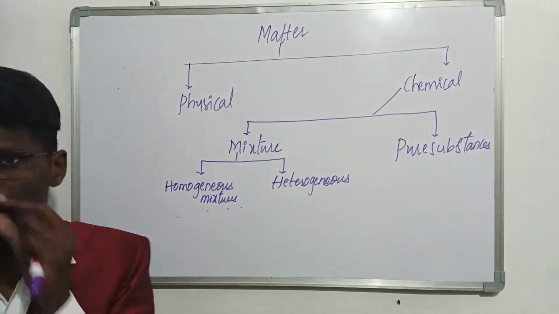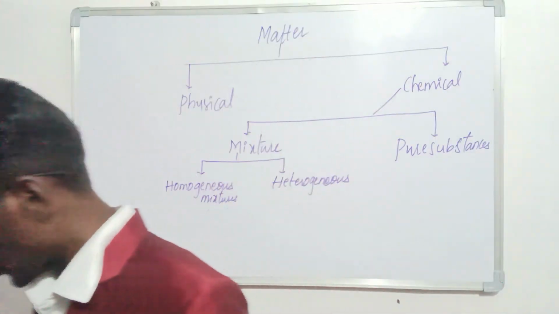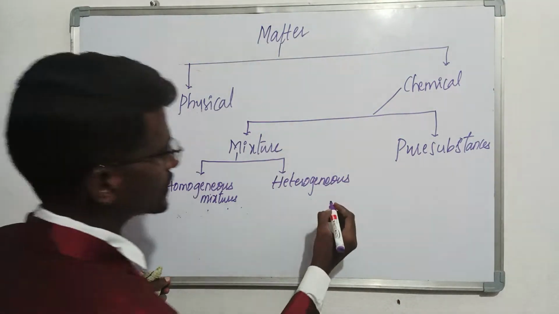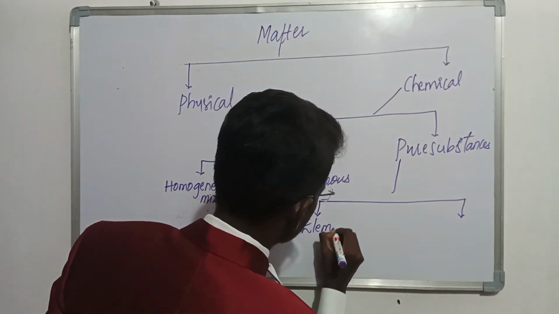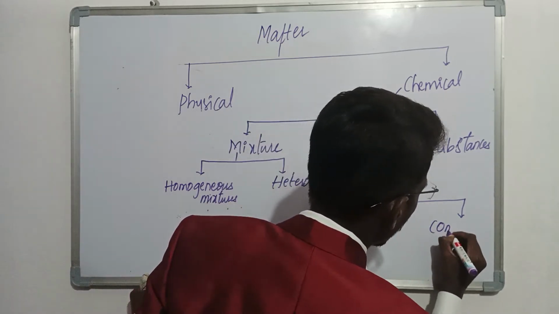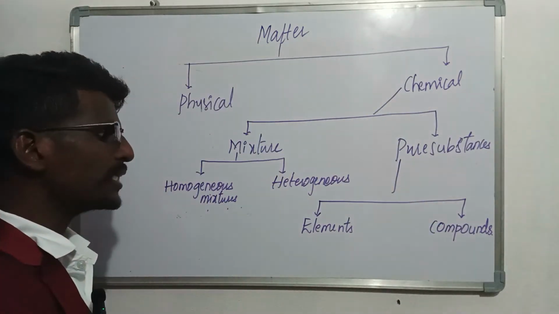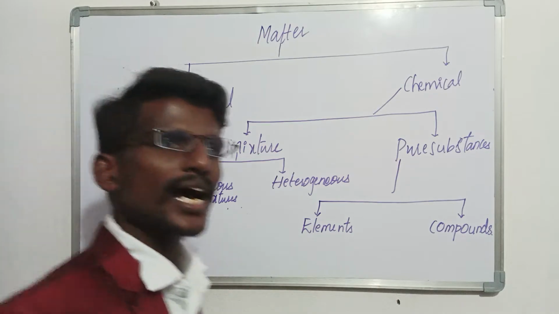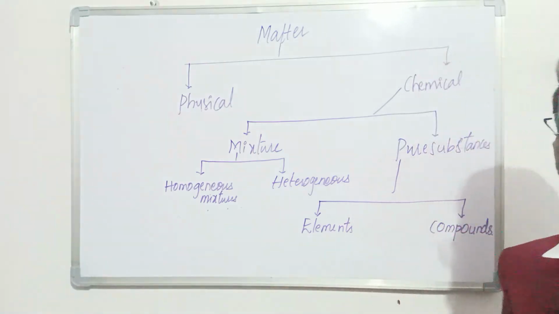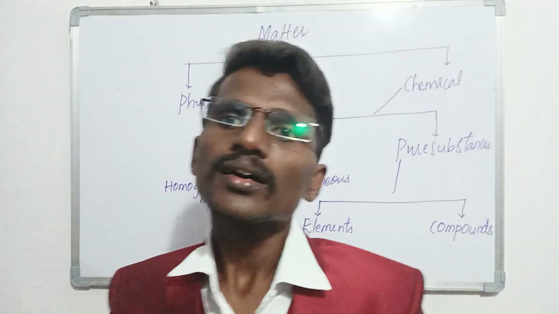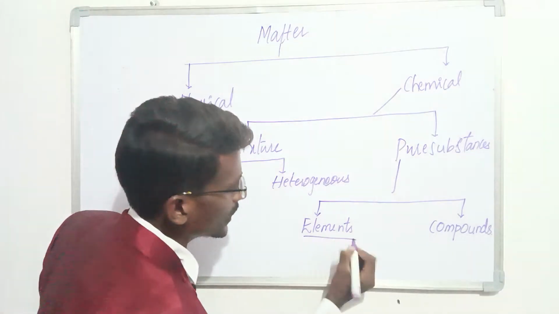Then coming to pure substances. Pure substances are divided into two types: elements and compounds. Elements are pure substances made up of a single type of matter.